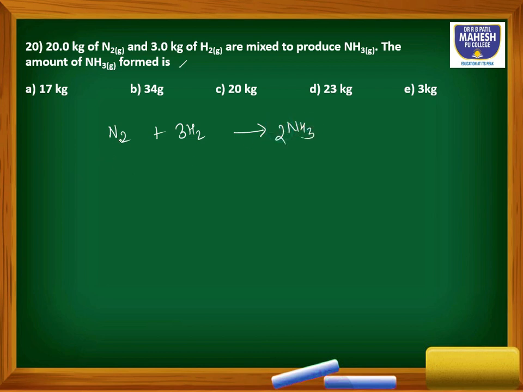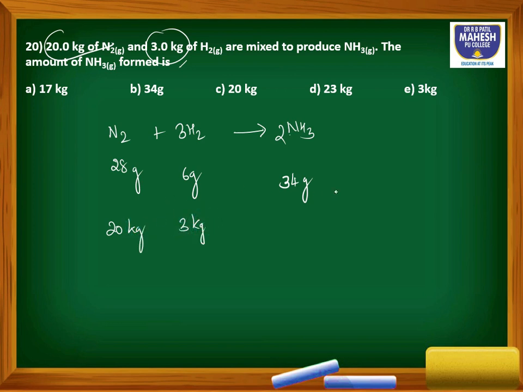In terms of mass, 14 into 2, 28 gram of nitrogen reacts with 2 into 3, that is 6 gram of hydrogen to form 14 plus 3, 17, 17 into 2, that is 34 grams of ammonia. Now the question is 20 kilogram of nitrogen and 3 kilogram of hydrogen.